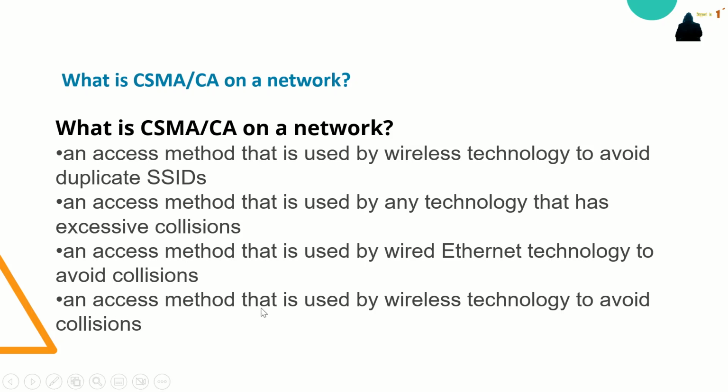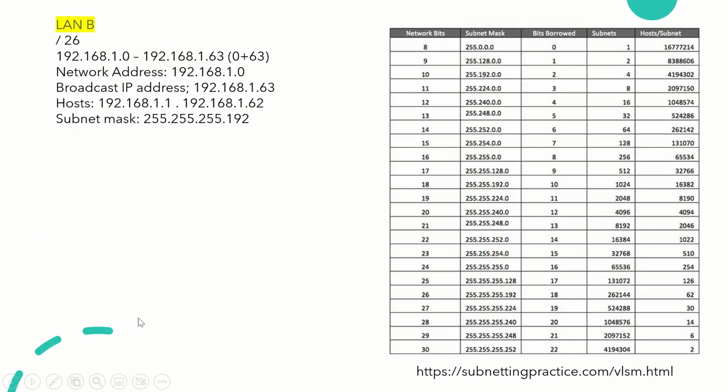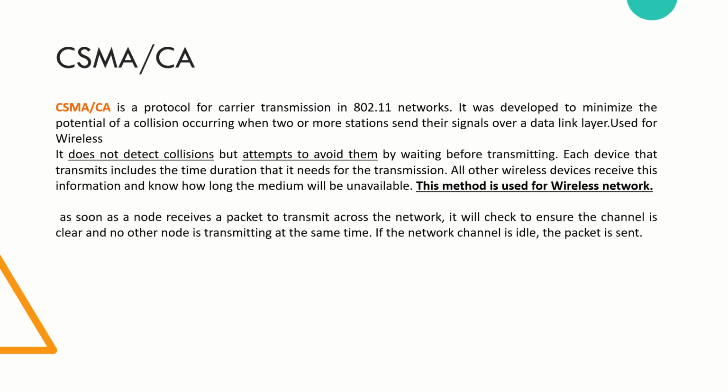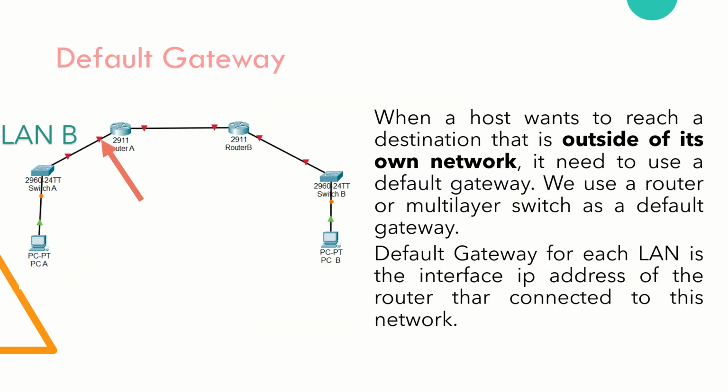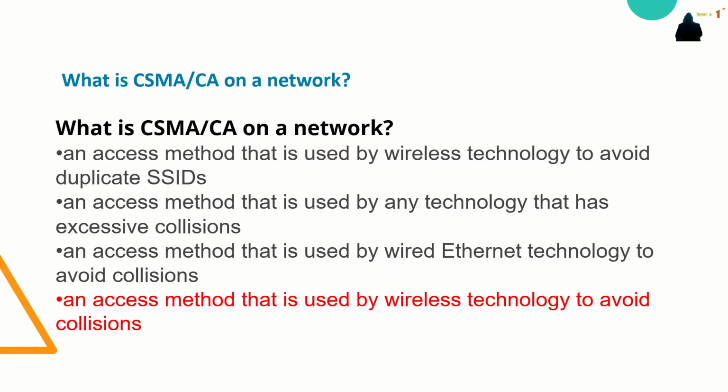An access method that is used by wireless technology to avoid collisions. This is true. If you come back to CSMA, you can see this method is used for wireless networks, and it is used to avoid collisions. You can see it doesn't detect collisions, but attempts to avoid them. In this situation, this one is true.